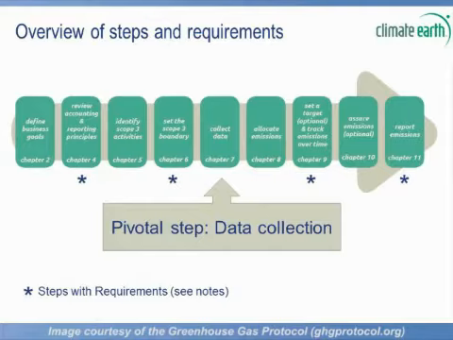And then finally, the protocol requires that you do report your emissions in some fashion. Now, obviously, as we've indicated here, one of the pivotal steps is collecting data to be used to create these calculations for your reporting. And in many cases, particularly for the upstream emissions, this is data that you will already have within your company, whether you know it or not. We'll get to that in the next slide.